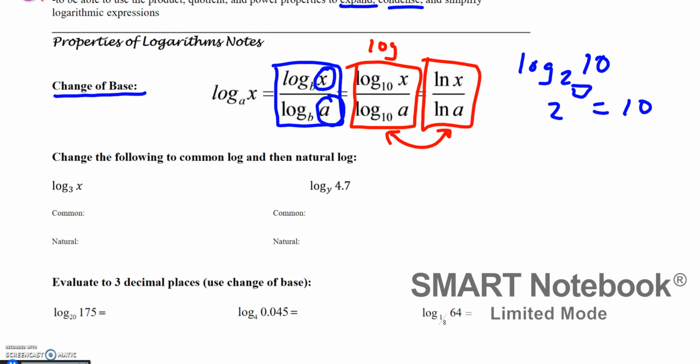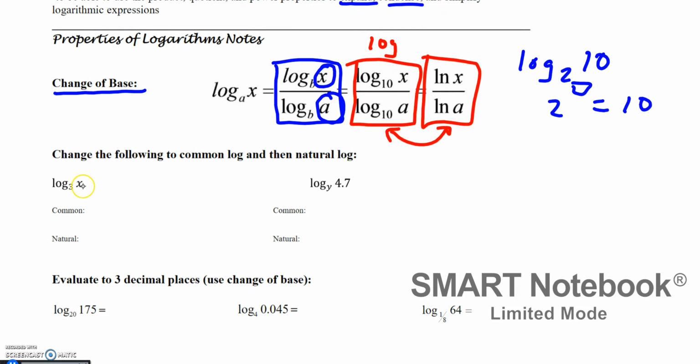To give you a couple of examples, if I give you log base 3 of x, you could do log base 10 of the argument x divided by log base 10 of 3. If you plug that in the calculator, if we knew what x was, we get an answer. If you want to do the natural log instead, it'd be ln of x over ln of 3.